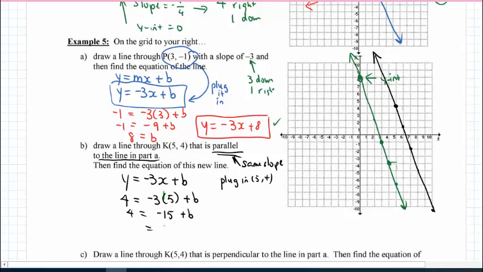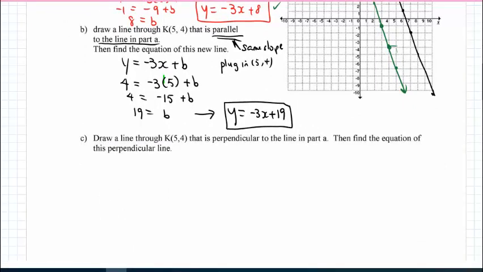We're going to add 15 to both sides, so that's 19. So yeah, you're right, this is way off the charts, but that's okay. Negative 3x plus 19. Done. And once again, if I'm too fast, just pause the video. But I'm trying to save time.